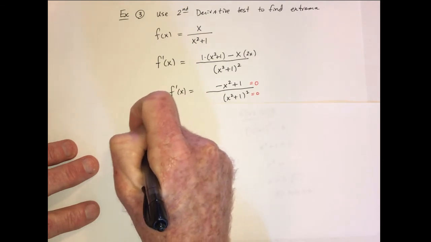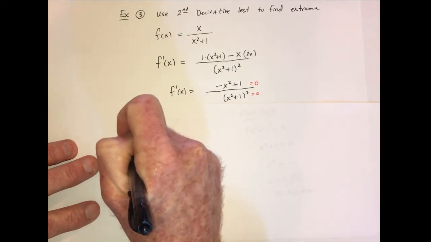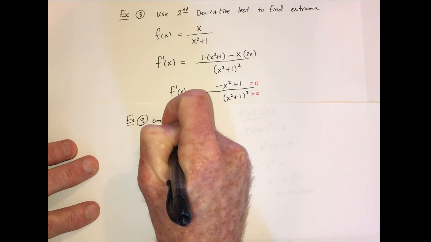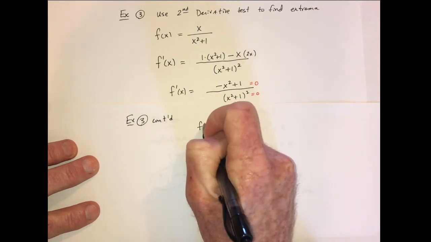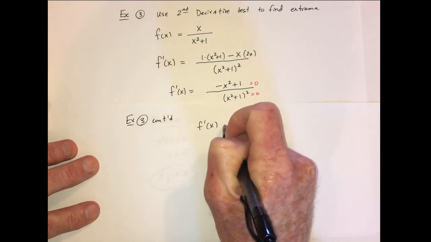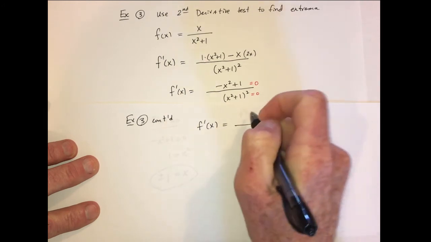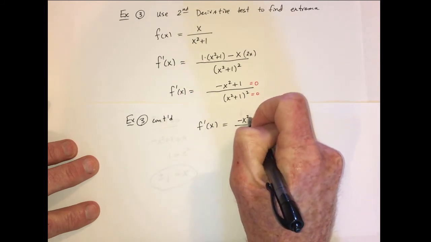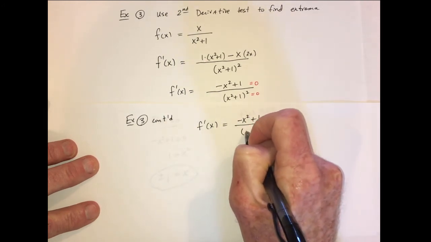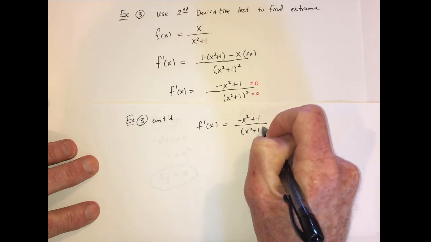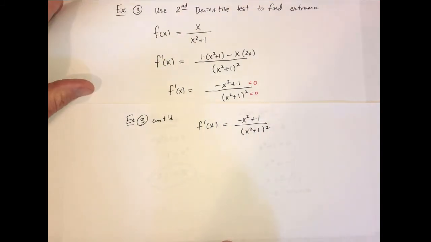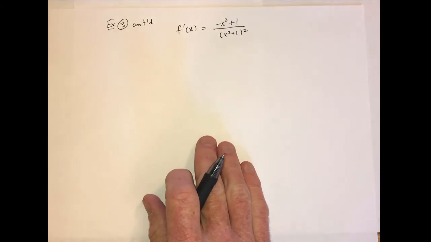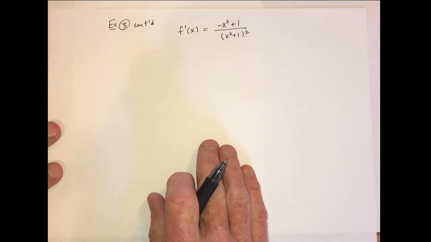This is number 3, continued. And we have that the first derivative equals negative x squared plus 1 over x squared plus 1 squared. Okay, then I can use this paper to do the second derivative.